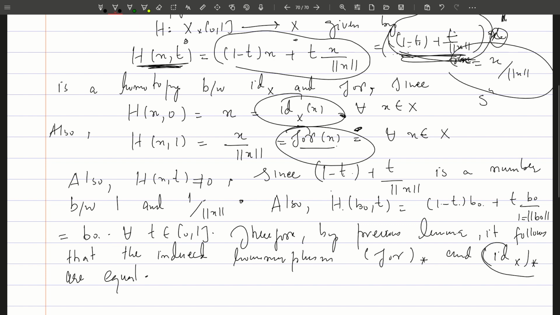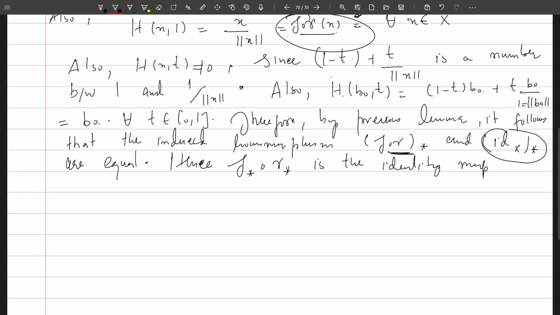But this map over here is bijective. So hence (J composite R) star, which is J star composite R star, is the identity map on the fundamental group of X based at the point b naught.